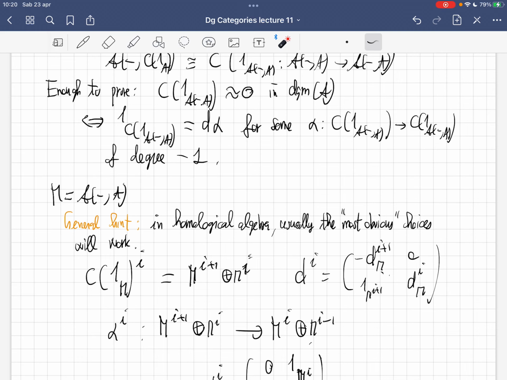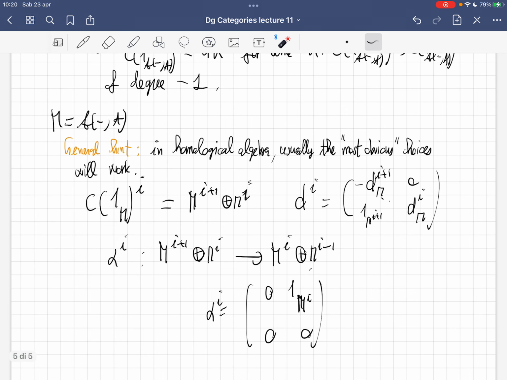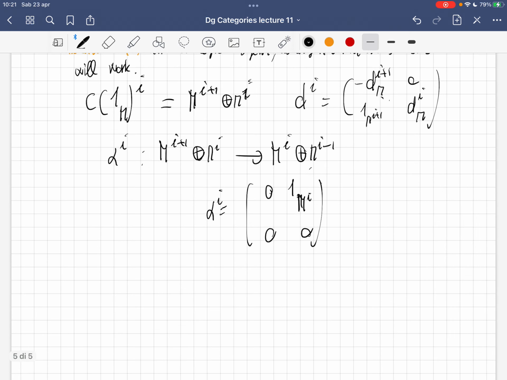There are not many choices. For this alpha, the only thing was to put some identity here, and the rest we had no reason of doing anything but just putting zeros, and this will work. So if you want, just check this.